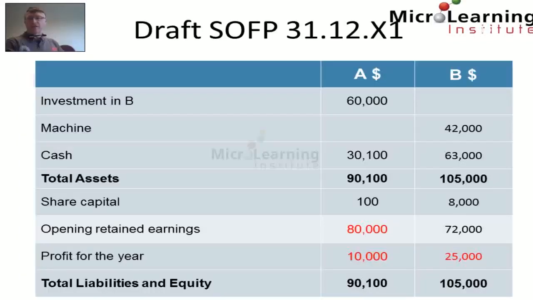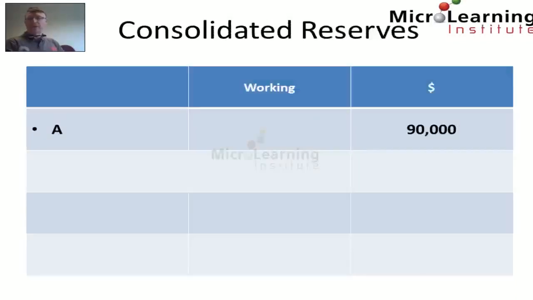And again, you remember the two balance sheets now. And again, I've highlighted in red here the reserves that we're going to be consolidating. We're going to be consolidating the 80,000 plus the 10,000 of A, because all of A's reserves in dollars get consolidated. And of course, the post-acquisition reserves of B, we're going to consolidate our share of those, which you remember is 75%. So let's look at that working.